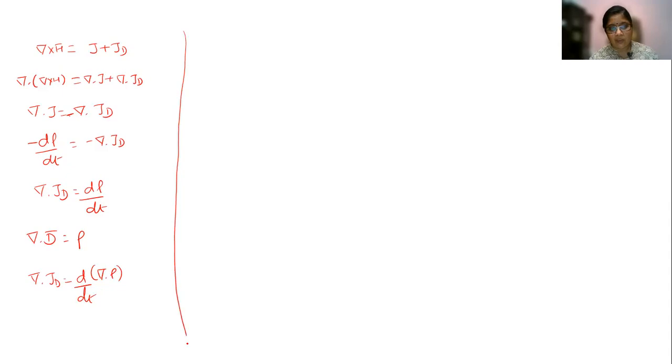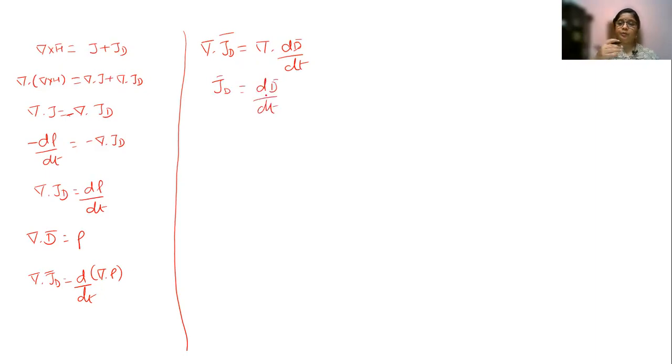So del dot Jd is equal to d by dt of del dot D. With a little tweaking, I can write del dot Jd is equal to del dot dD by dt. D is the displacement vector, we know that. You could now write Jd is equal to dD by dt.